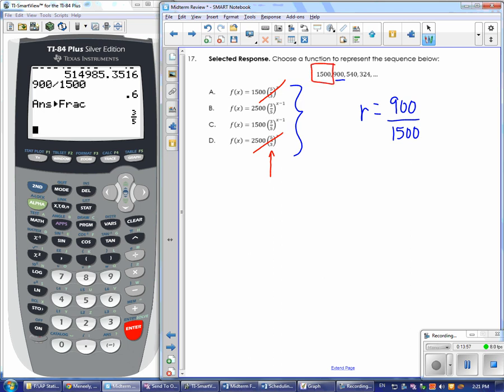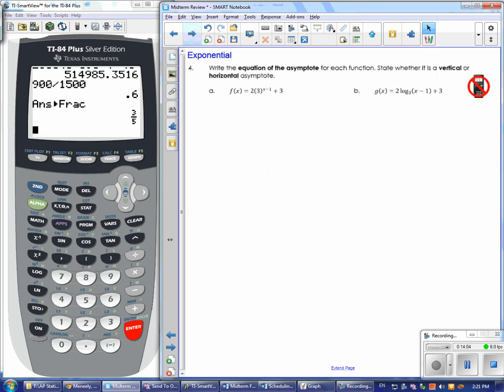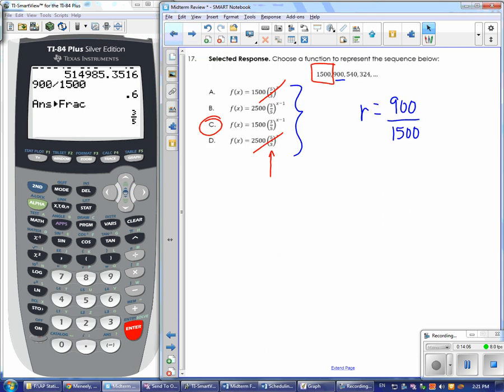Since it's 1,500, I know that the correct answer would be C. Another way of doing this problem, if you completely forget, would simply be to plug the formulas into y equals and then compare the sequences to the table values. That would be another way if you completely forget what to do, because this is a calculator-based question.